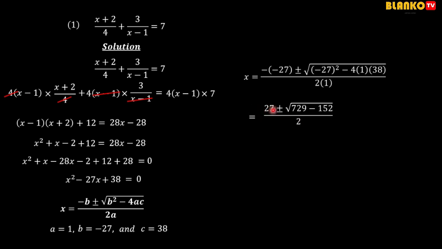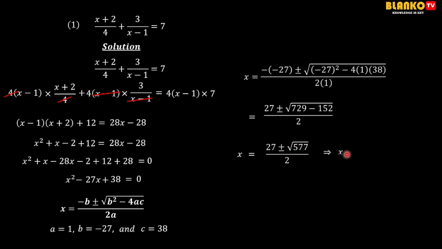So x is equal to what? 27 plus or minus the square root of 577 over 2. 729 minus 152 is 577.